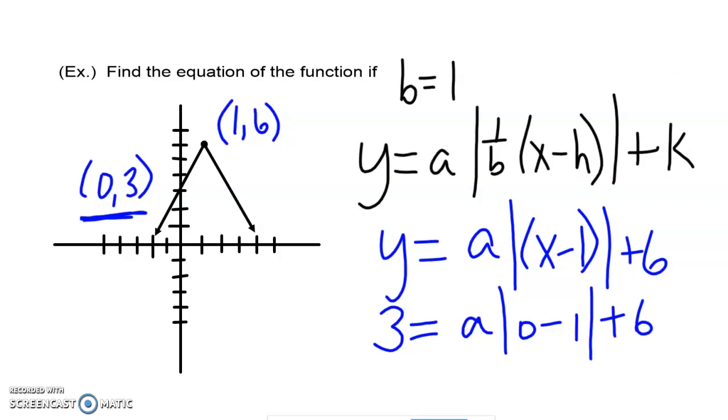And then I simplify. 0 minus 1 is a negative 1. And then we're going to take the absolute value of that, which is just going to be 1. So we get 3 equals a plus 6.